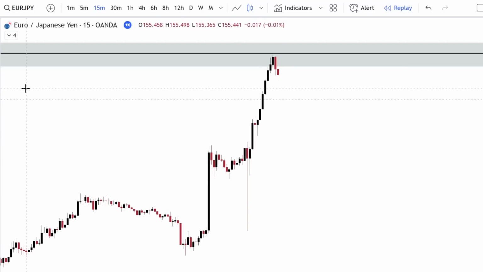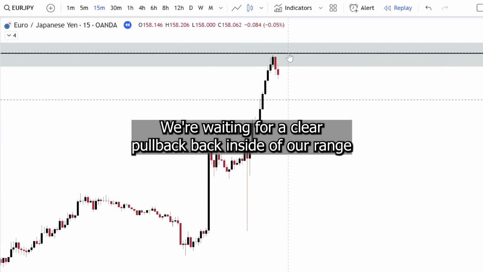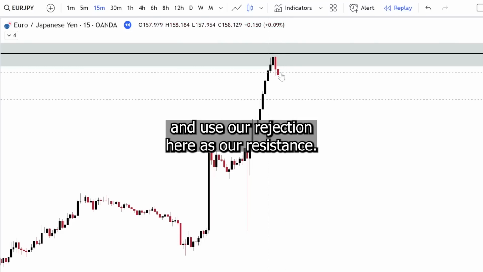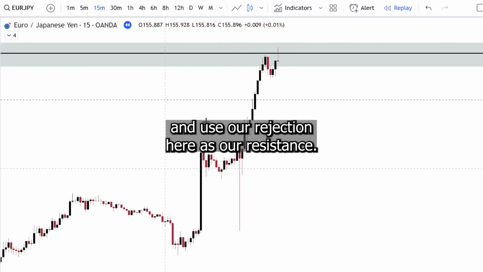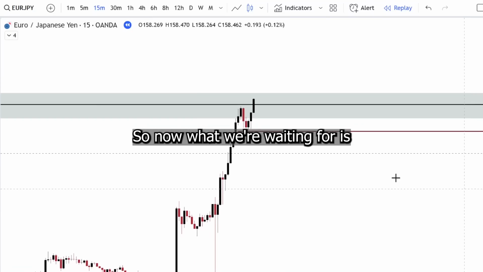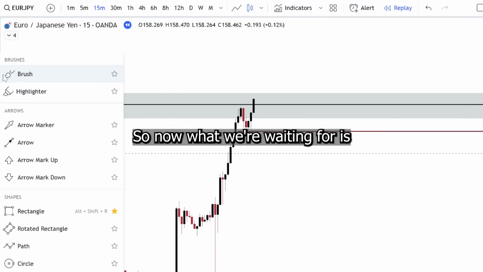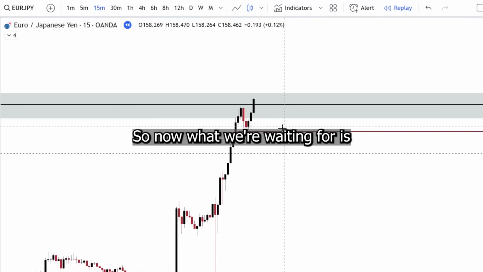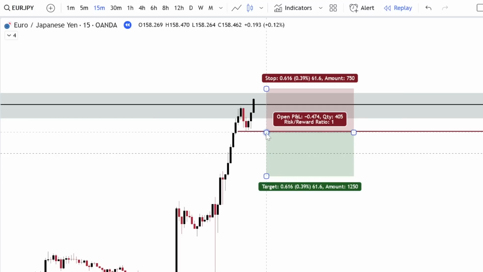So what are we waiting for? We're waiting for a clear pullback back inside of our range and use our rejection here as our resistance. Now price came back inside of the range. So now what we're waiting for is a price to come below this level.